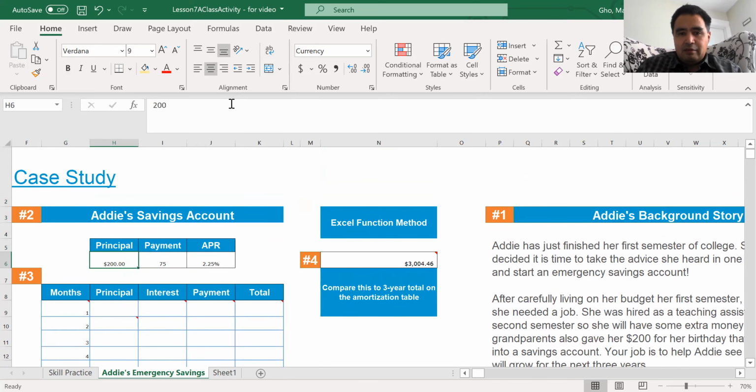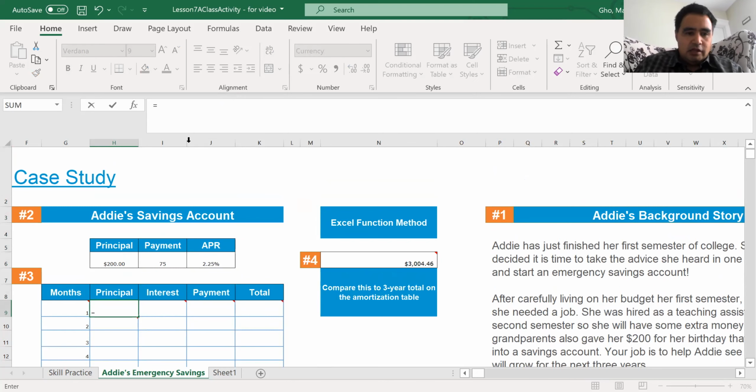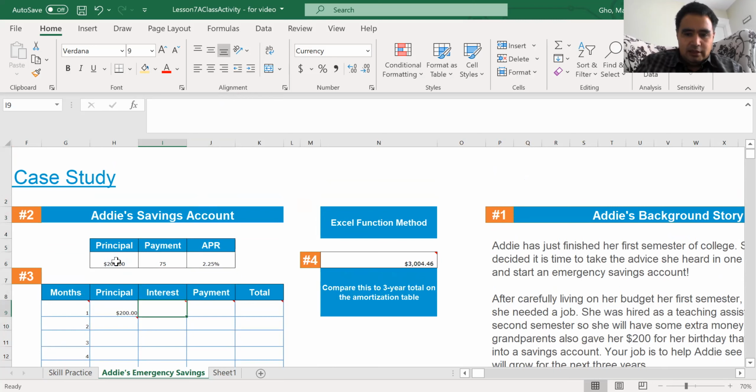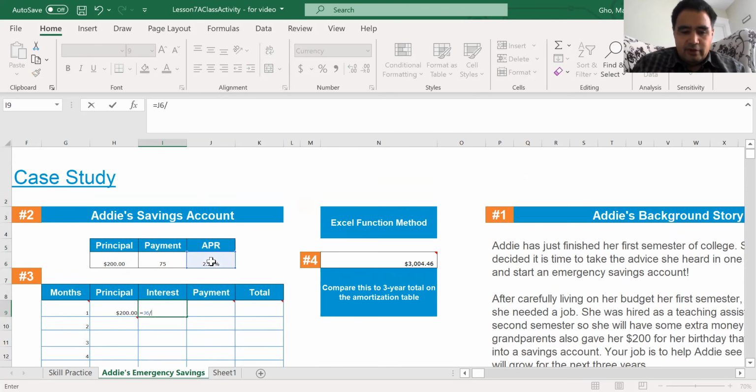And the handy thing about having that Excel function there is that we can use that to check our work. Just like we did with the skill practice, the initial principal is $200. The interest payment is that divided by 12 times that. And so let's anchor down the interest rate.